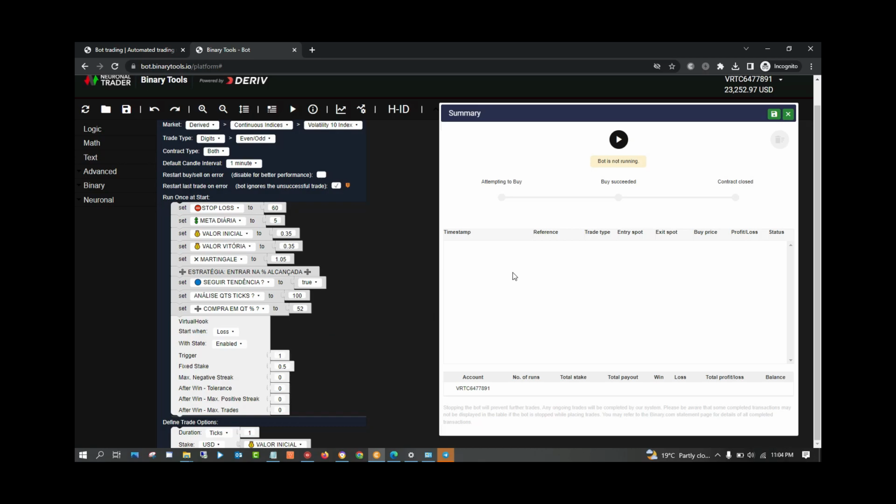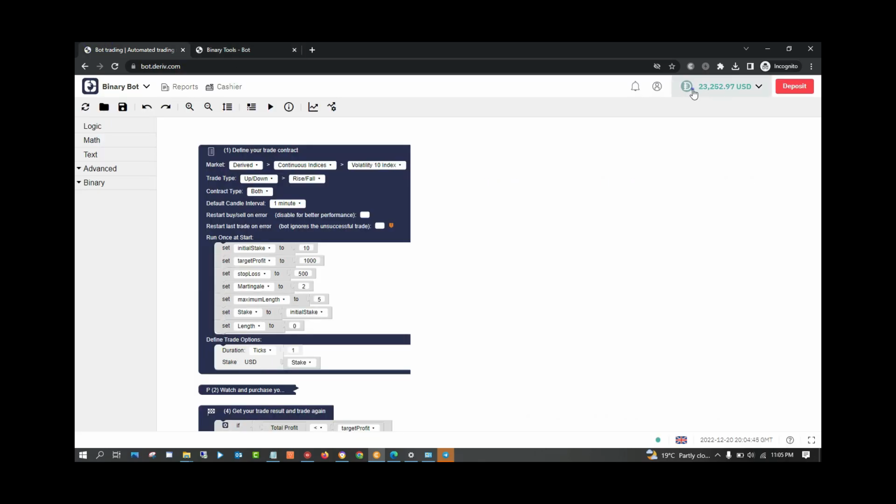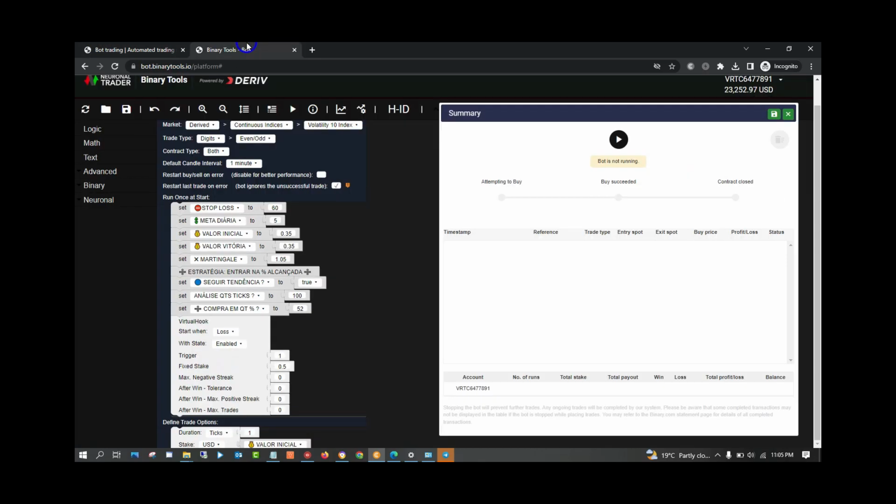So what is a virtual hook? The virtual hook enables you to trade on both virtual account and real account. Okay, both demo account and real account. So everything I'm going to do on a demo account, but the simulation is the same if you're trading on a real account.